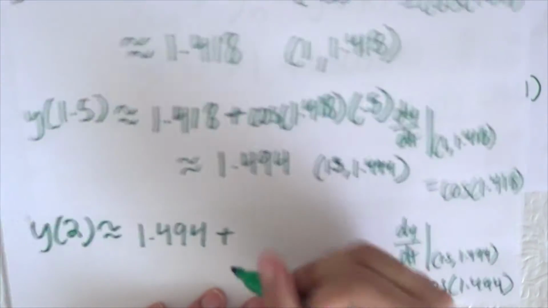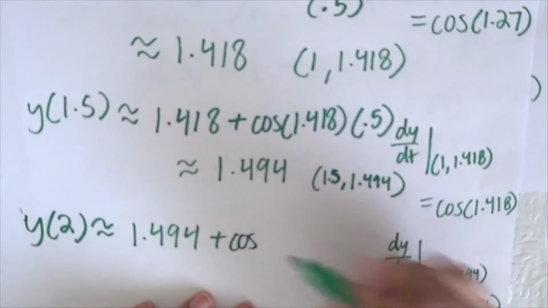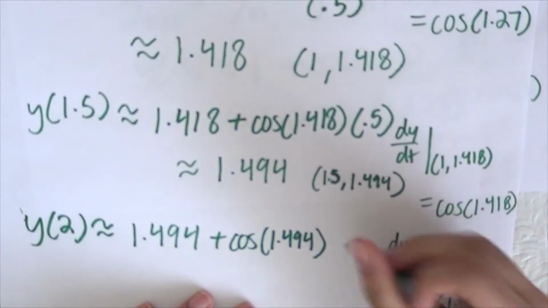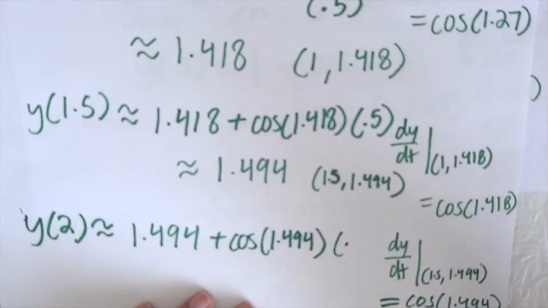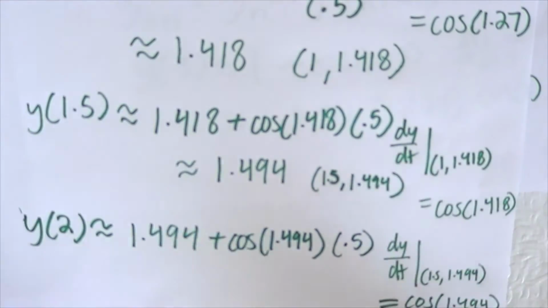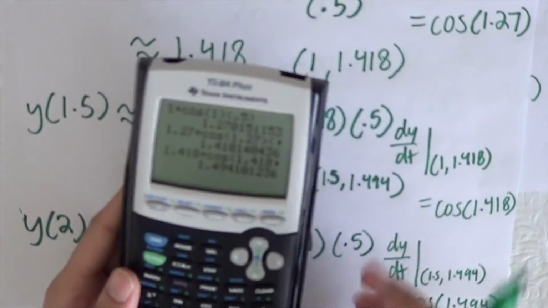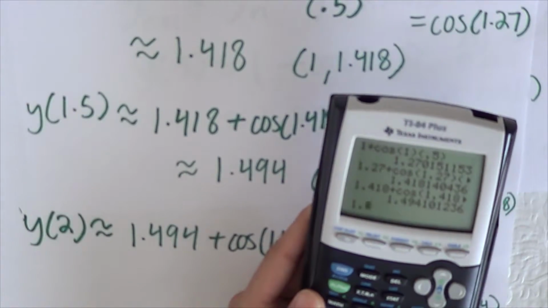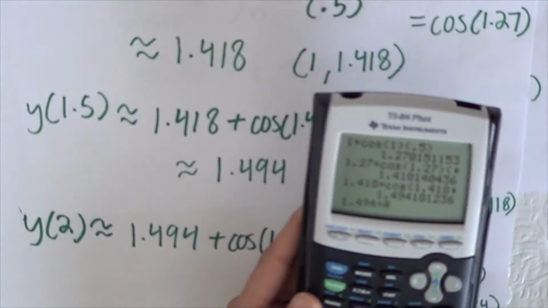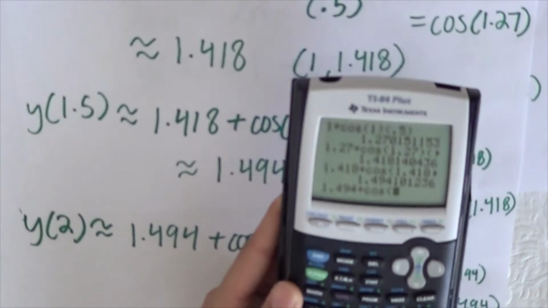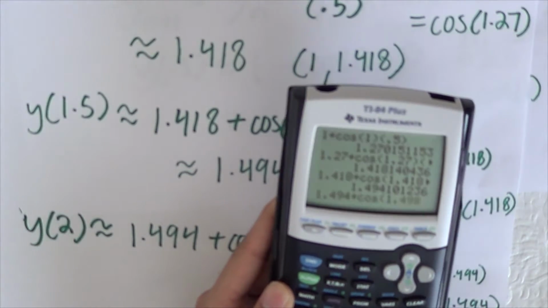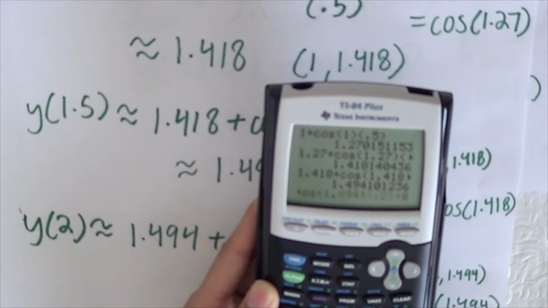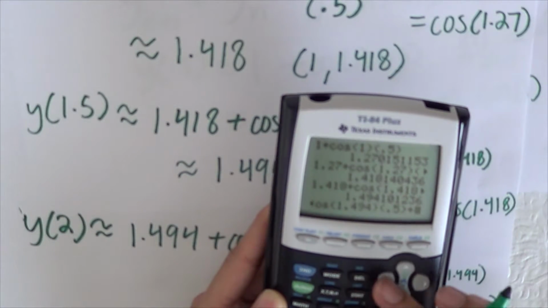So we plug that in, we plug our slope in, which is cosine of 1.494 times our delta t, which is 0.5. Plug it into the calculator again, 1.494 plus cosine 1.494 times 0.5, which is, oh, I added something.